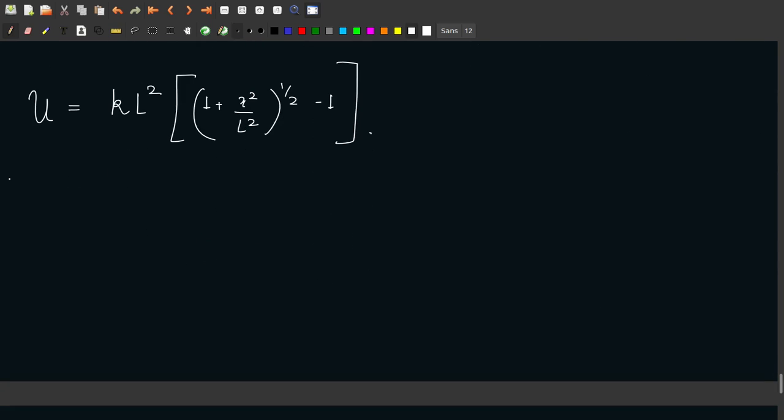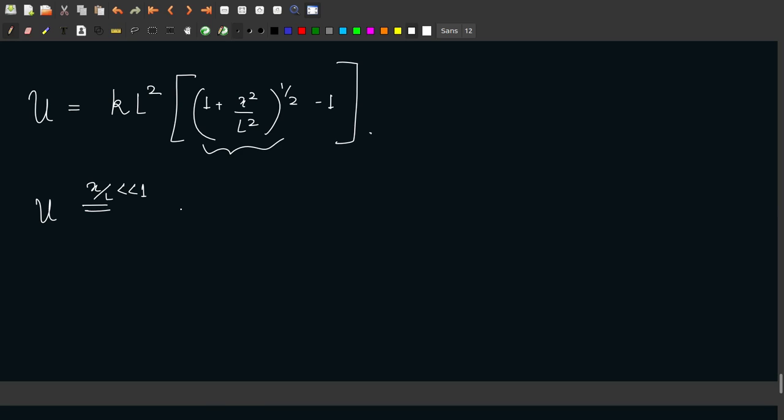The second part of the problem says that for a small displacement, that is x much less than L, will the block exhibit simple harmonic motion? So again, you have to calculate the potential energy in the limit x by L much less than 1, and you just have to binomially expand this term.